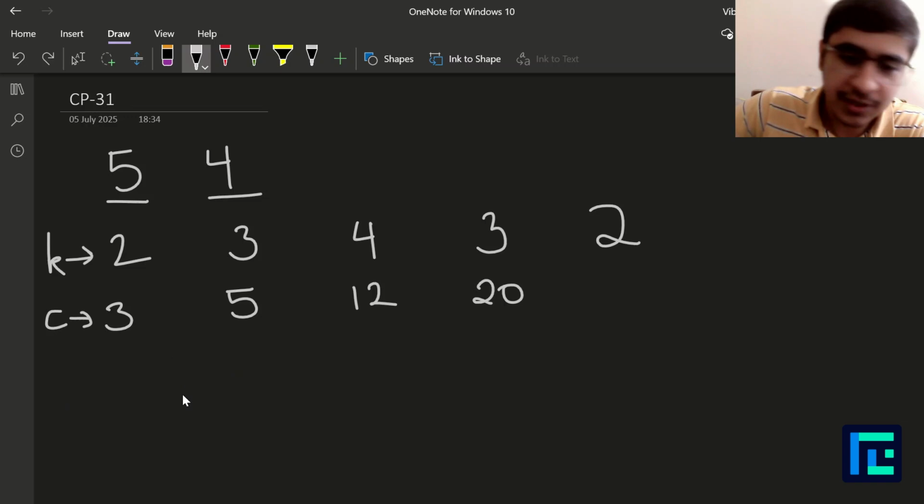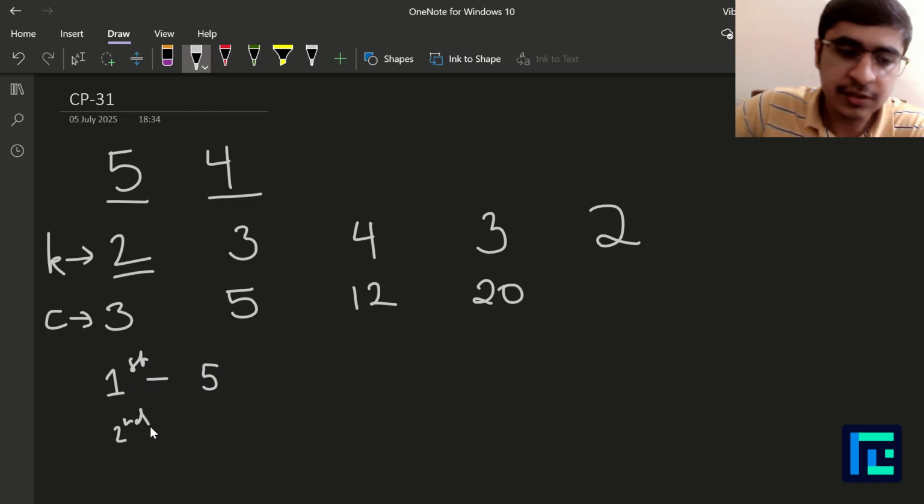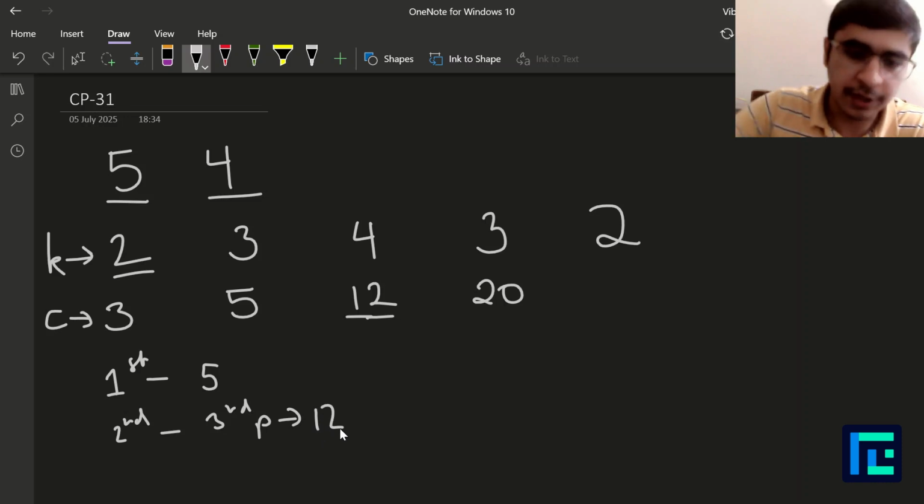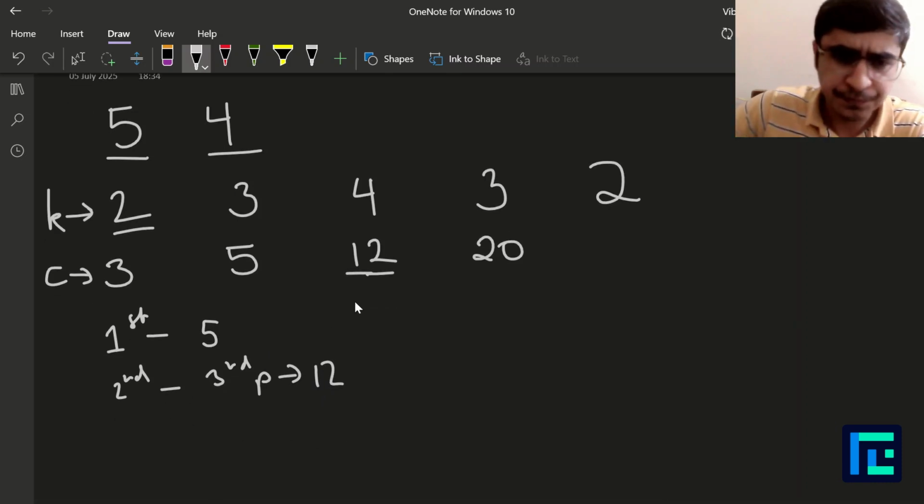So like one sample arrangement that is given to us, let's say for the first person I gave them $5. Second person, I gave them the third present, which is $12. Okay, then third person, so this is the second person we have done till now.